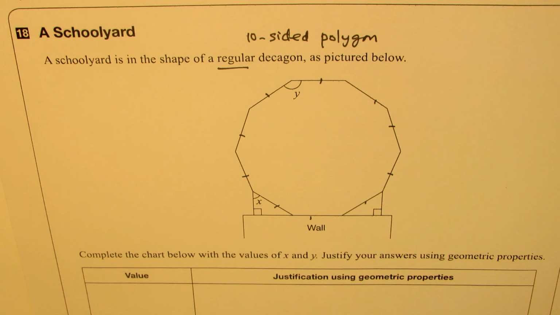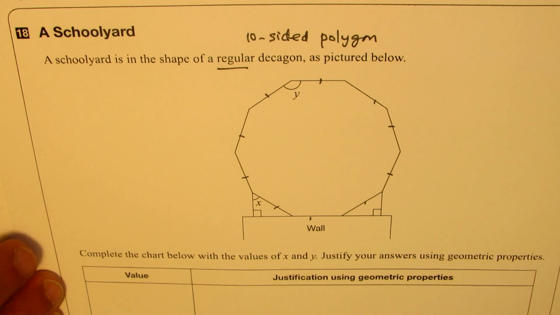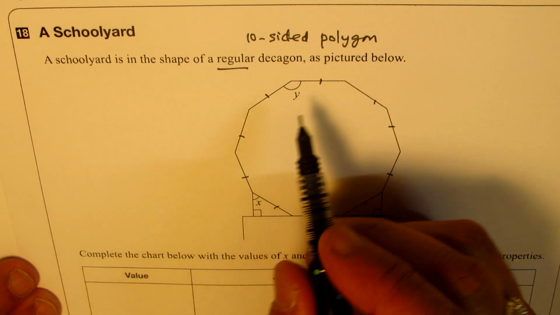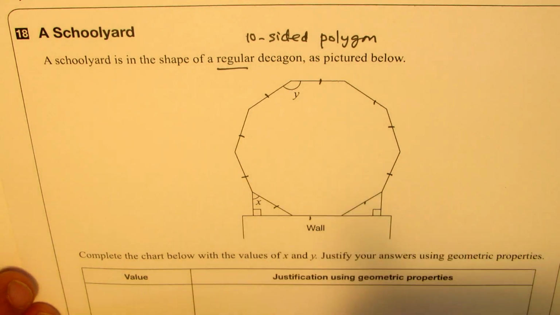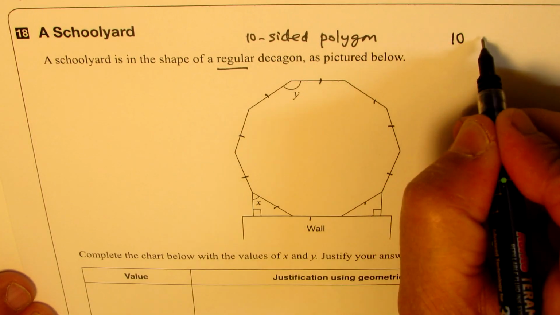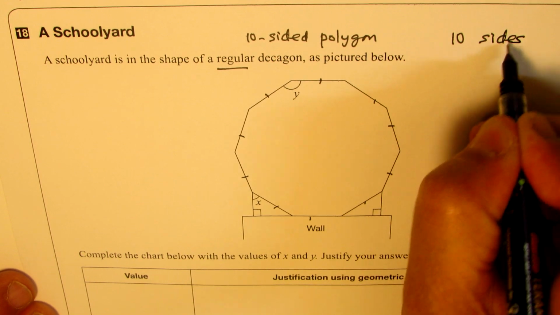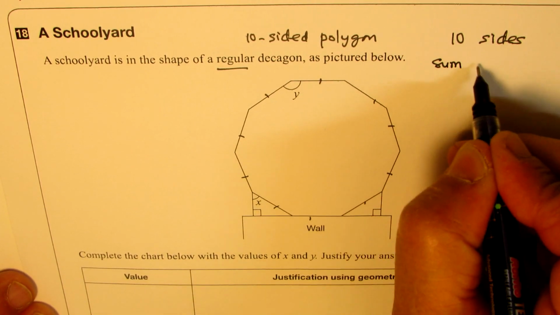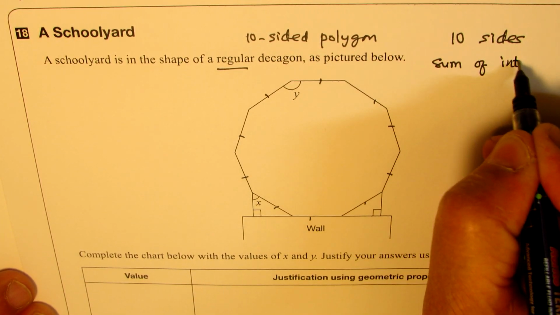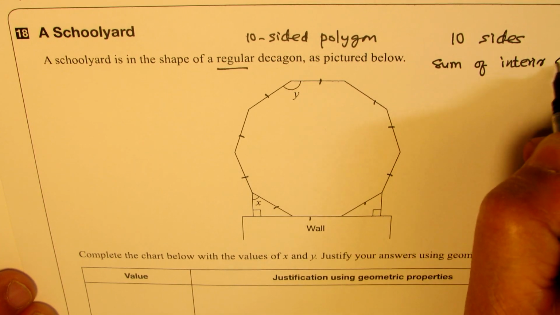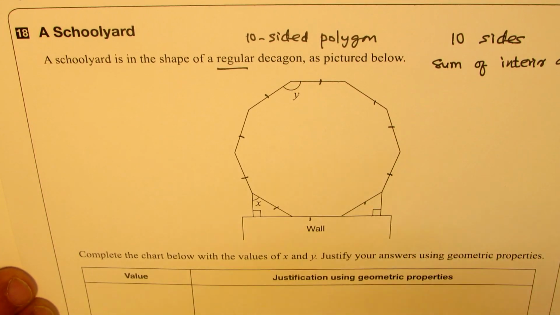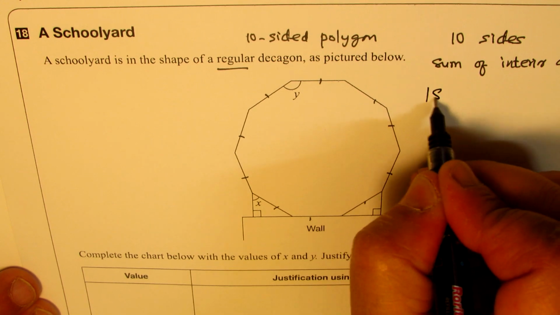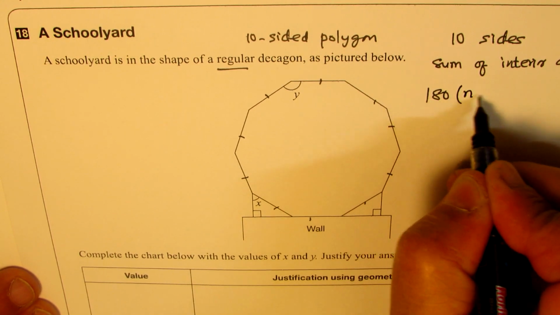Perfect. Okay, now let's begin by finding y first. Since we have 10 sides, in that case, sum of interior angles will be how much? Sum of interior angles will be 180 times n minus 2.